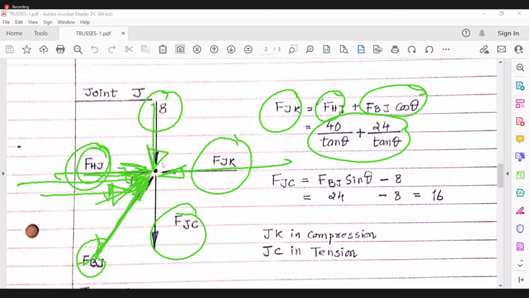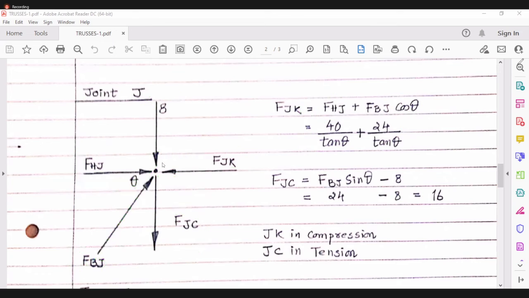Then, if we worry about the sum of the forces in the y direction being 0, then this is 8. FBJ has a y component over here. FBJ sin theta is 24.